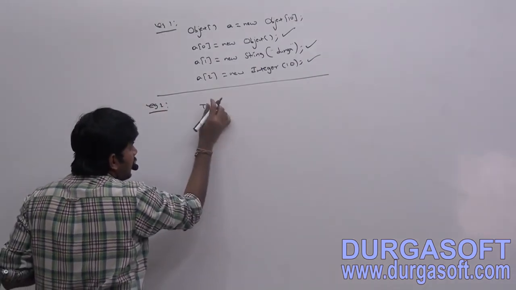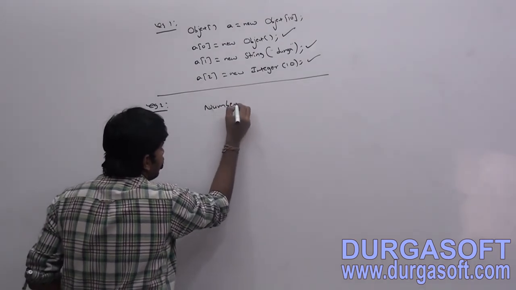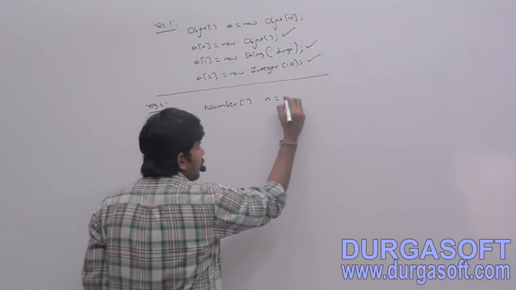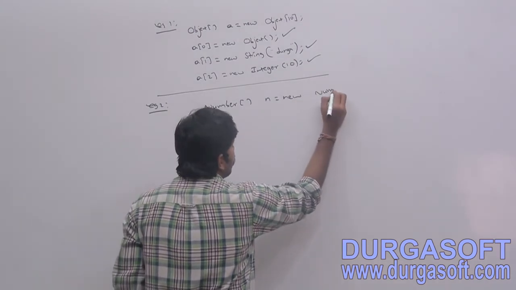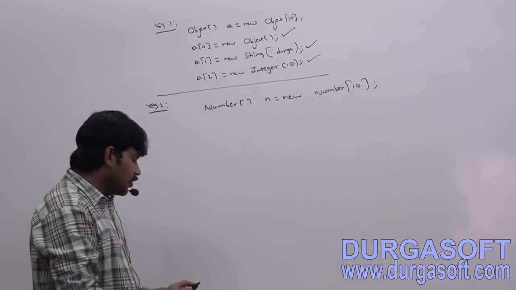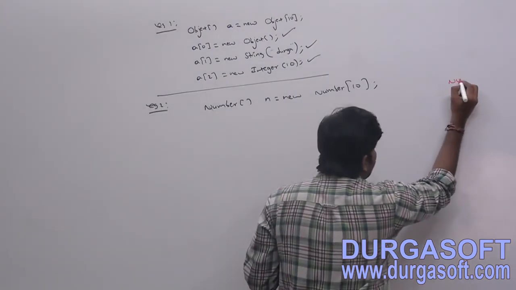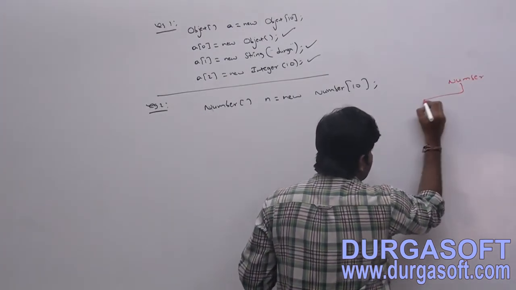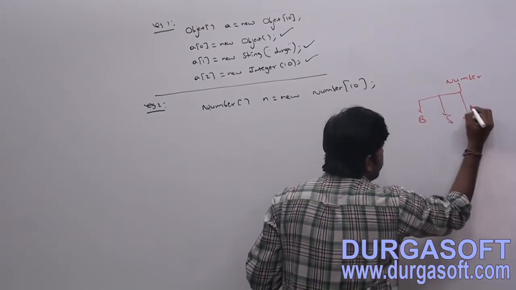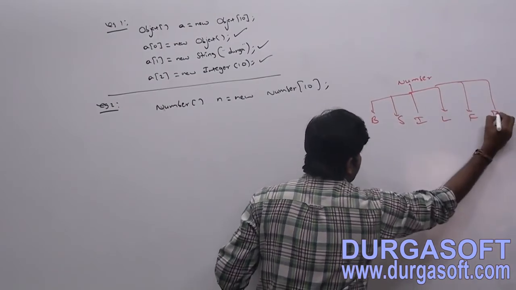Here, see, I am taking a Number array. Number array n is equal to new Number array of 10. Do you know the child classes of Number?